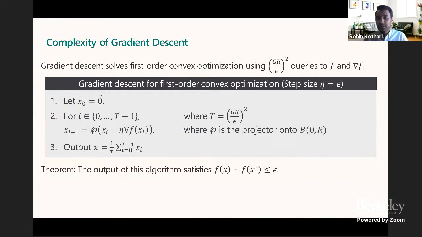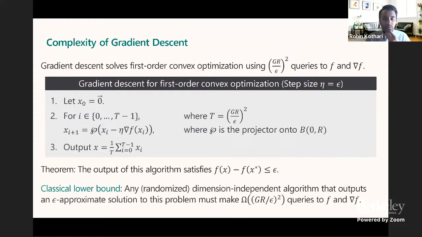The correctness guarantee is just that for the output of this algorithm, f of x minus f of x star is less than epsilon. Furthermore, the optimality claim is the following: any randomized algorithm that's dimension independent that solves this problem must make GR over epsilon squared queries to these oracles. Okay, good. Any questions?